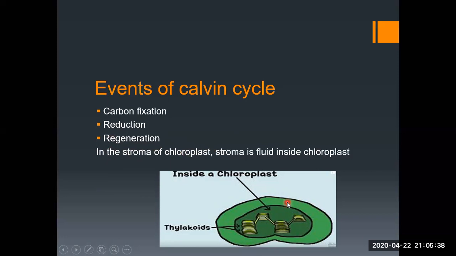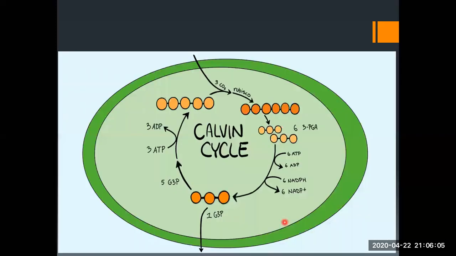You can see here in the diagram the structure of chloroplast, which we have discussed in our earlier lectures: the outer membrane, the inner membrane, and the stacks of granum in which thylakoids are stacked, and in thylakoids chlorophyll is present for the process of photosynthesis. The fluid here is stroma, in which the Calvin cycle takes place.